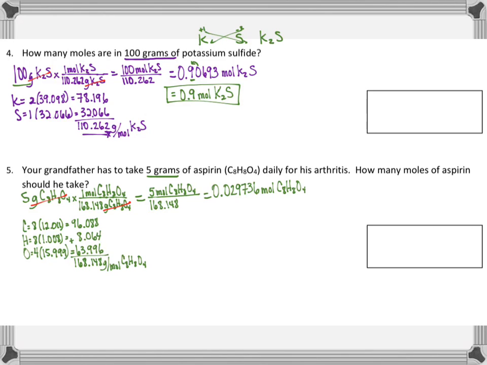Again, my last step is I want to look at my significant figures, and I see that I only have one significant figure, so really the only one that I should be looking at is this one right here. So how does this 9 affect this 2? It makes it a 3. So my final answer is 0.03 moles of aspirin, or C8H8O4.